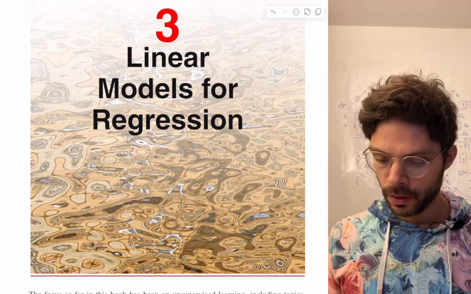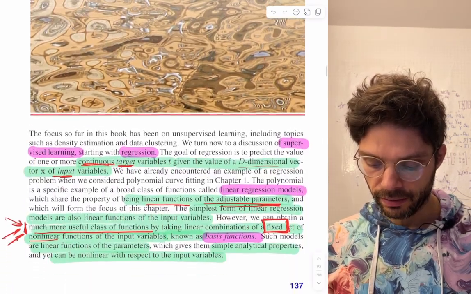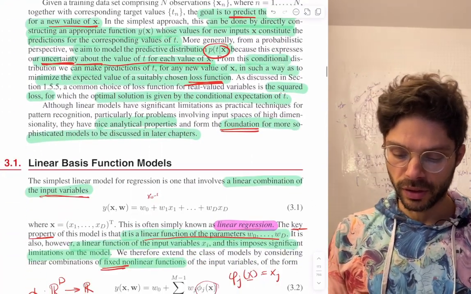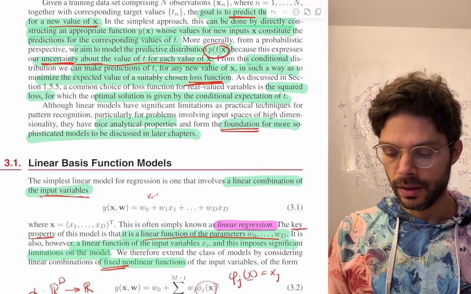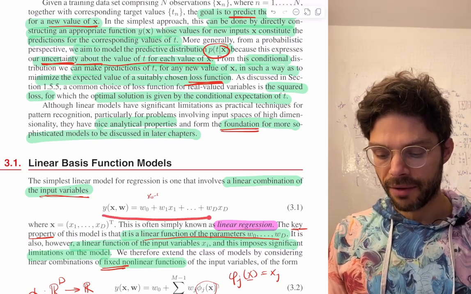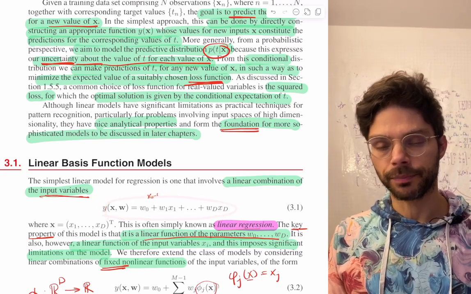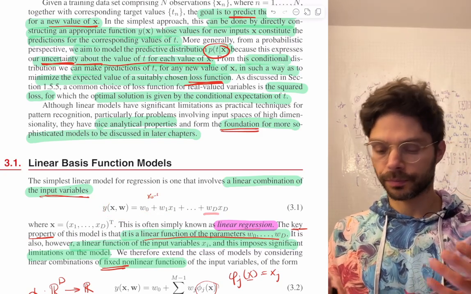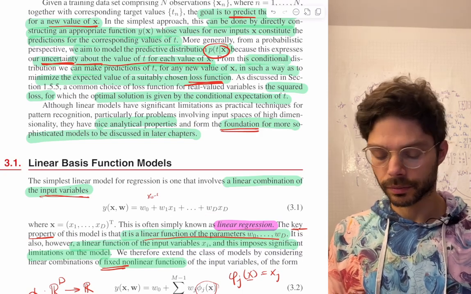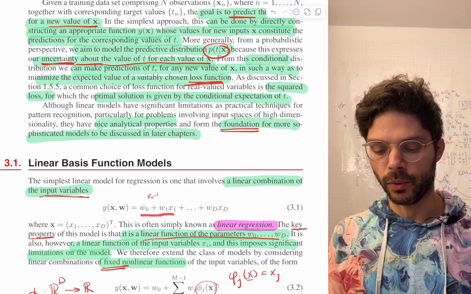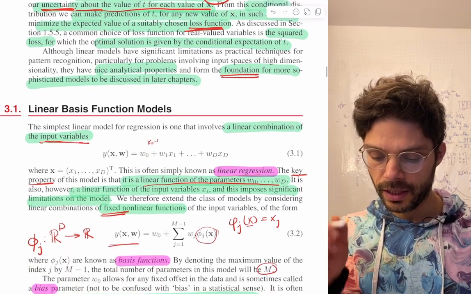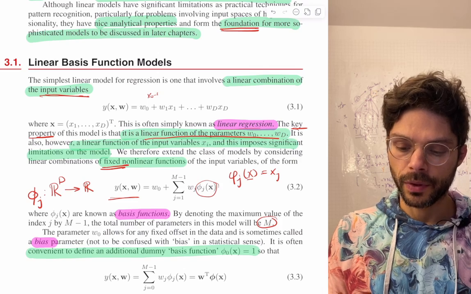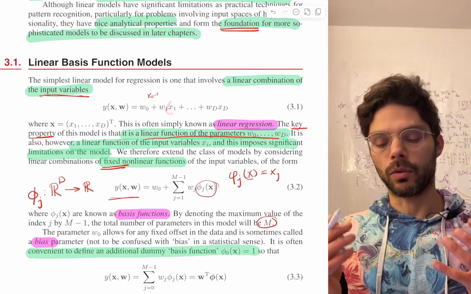ground we've covered. Okay, so the main idea of this chapter was essentially having our outputs be linear in our inputs, weighting our d-dimensional inputs with these fixed weights that we learn from the data. And the key idea was that we don't have to live with just our raw inputs.